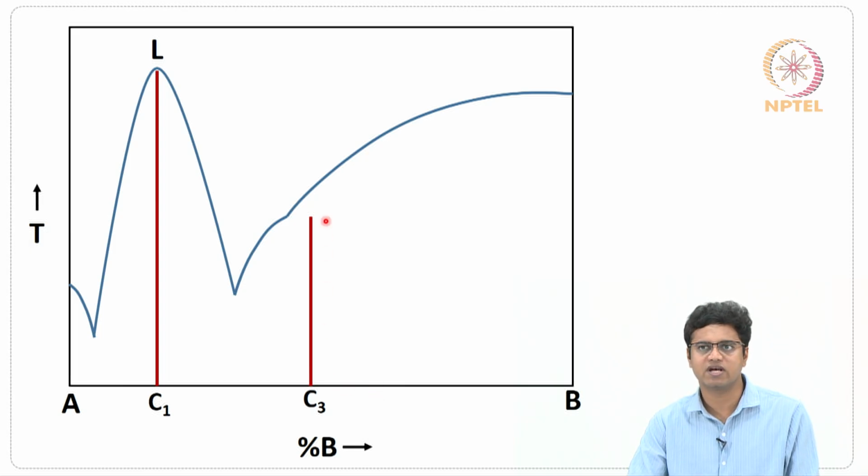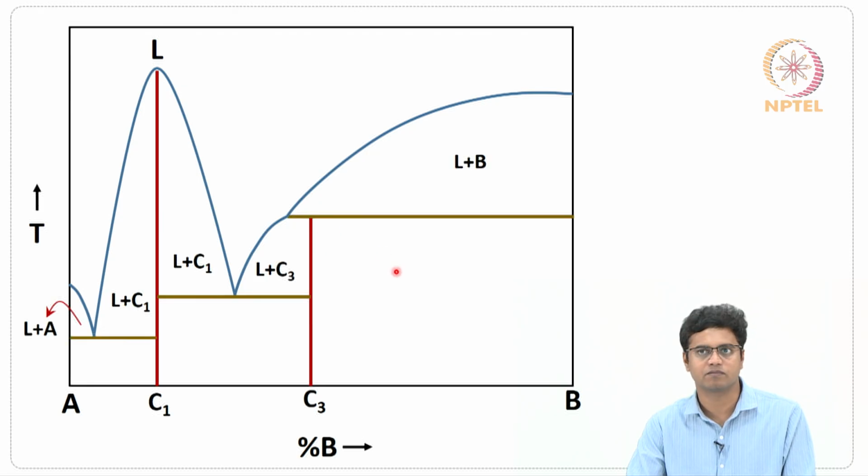So I am locating C3 somewhere here, because nothing is given as far as the compositions are concerned. I just have to maintain the basic criterion, that is fixed composition. Understand? I am just maintaining that. Now for C3, up to this point, above this you have a two-phase region. Above this still the liquidus is far. It means it's an incongruently melting compound. I have completed this part of the phase diagram. What is the part of the phase diagram?